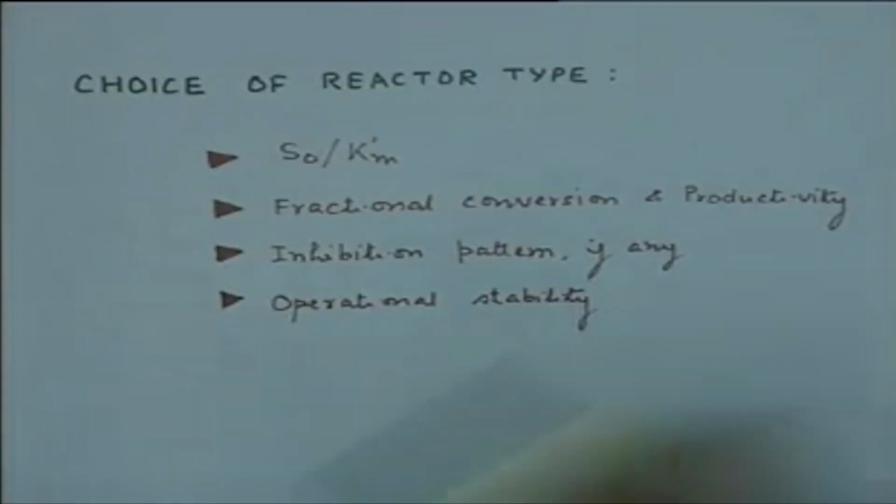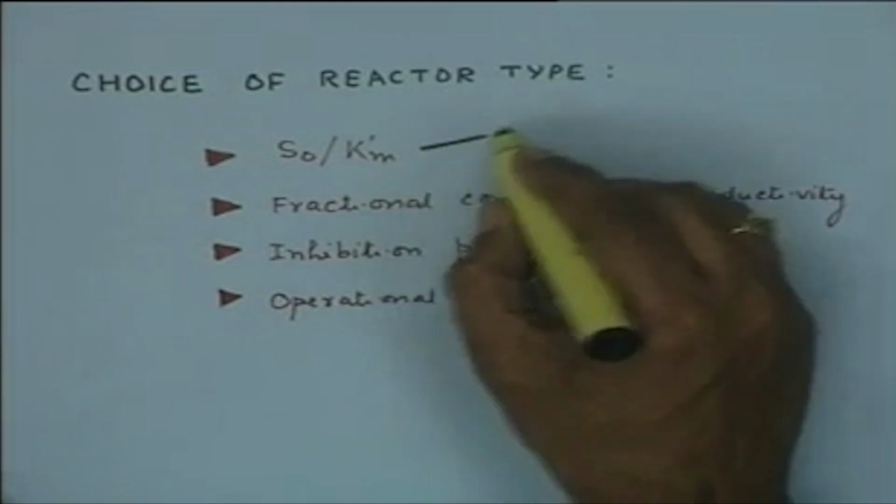We have also not considered any mass transfer limitations or partitioning effects in the system. Under those conditions, if you compare the two major types of continuous flow reactor system, CSTR and PFR, we have to analyze the reactor performance for a given reaction on the basis of the relative concentration of substrate to the Km value of the reaction. Basically, it amounts to looking at the reaction kinetics.